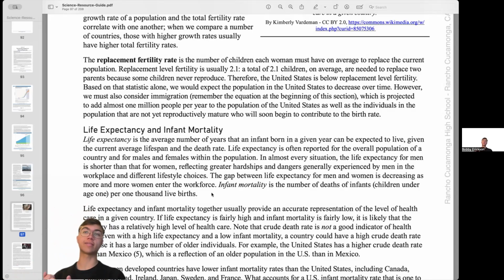So a crude death rate might reflect that there are a lot of older people in the population, whereas if we're looking at life expectancy and low infant mortality, then we can actually determine how healthcare is working.